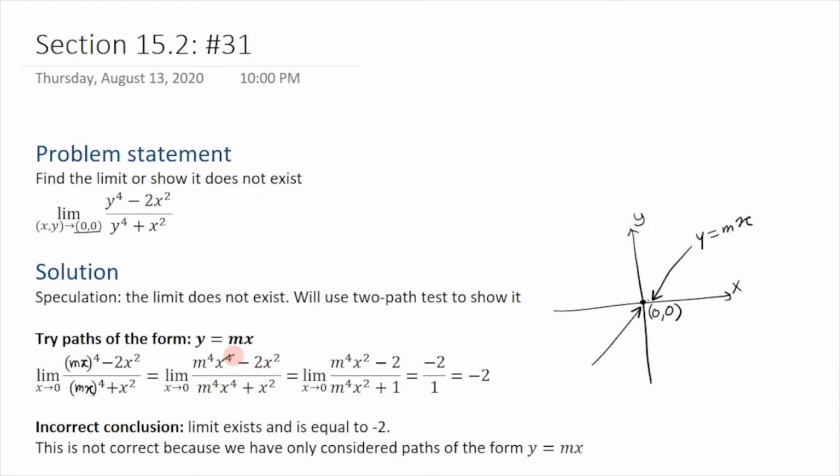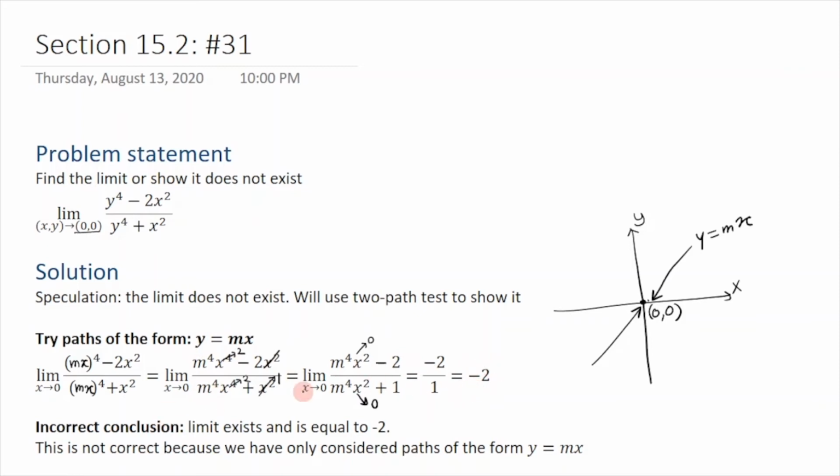This x squared cancels, this becomes 2, and this cancels, and the whole thing becomes 1. So we get m to the fourth x squared minus 2 over m to the fourth x squared plus 1. As x approaches 0, this term approaches 0, same thing for this guy, and we get negative 2 over 1, which is negative 2. So this kind of path gives us a limit of negative 2.